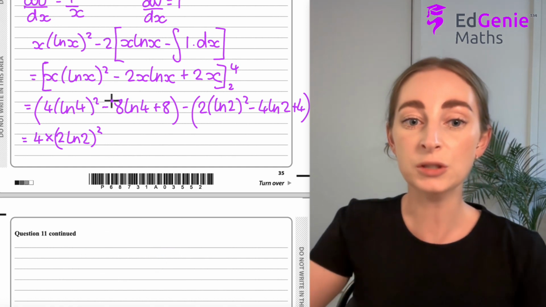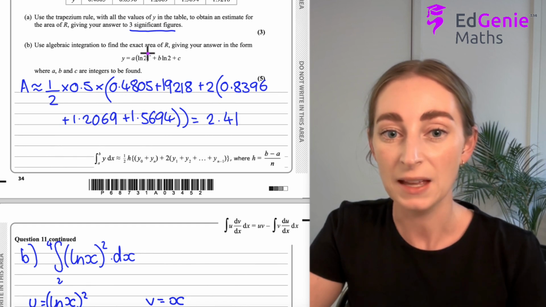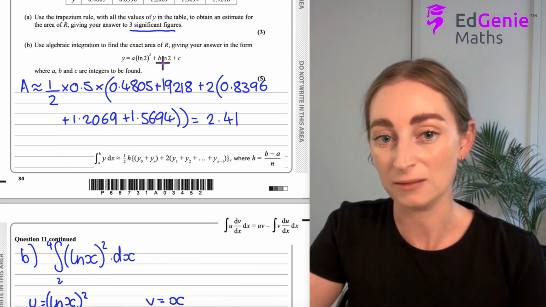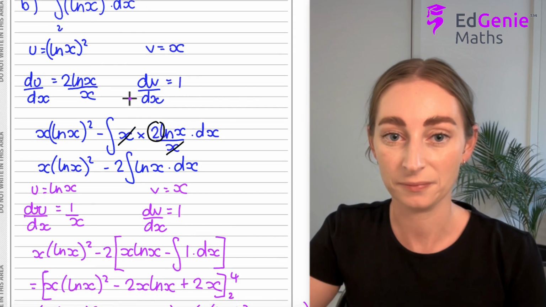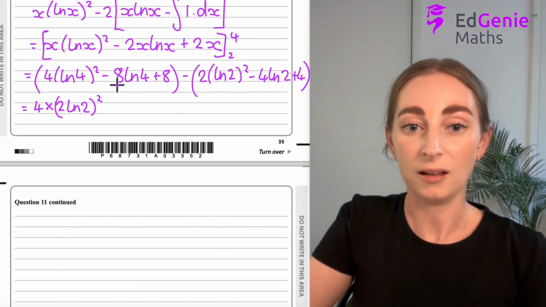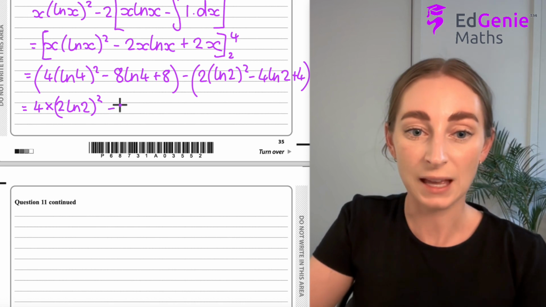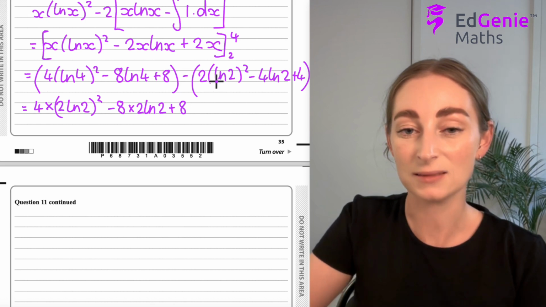Okay, and I knew to do that because in the question, let me show you, we've got ln 2 here and here. So we want ln 2 all throughout. 8 ln 4, so again, it's going to be 8 times 2 ln 2 plus 8.